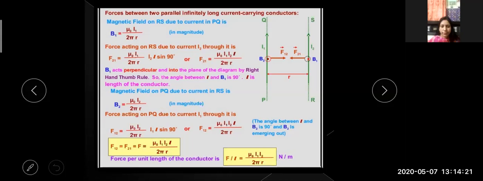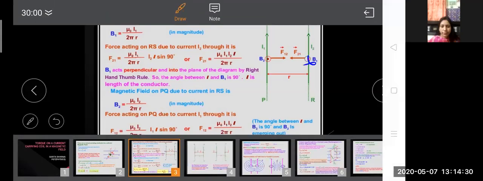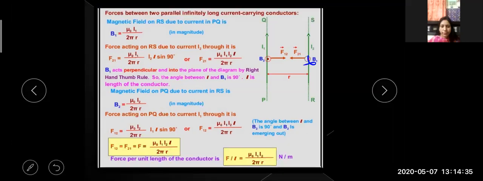So magnetic field induction at this point on conductor RS due to current I1 passing through conductor PQ is given by, this is clear. Magnetic field on RS due to conductor PQ is given by B1 equal to mu naught I1 upon 2 pi R, right?